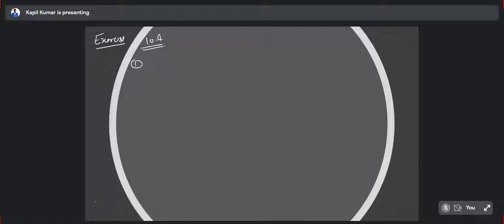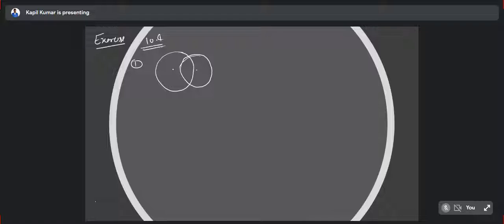Okay, so the construction is like this. We have two circles. One of radius 5 centimeter and another of radius 3 centimeter. So let's suppose these are two circles, and this is the center of this circle and this is the center of this circle.